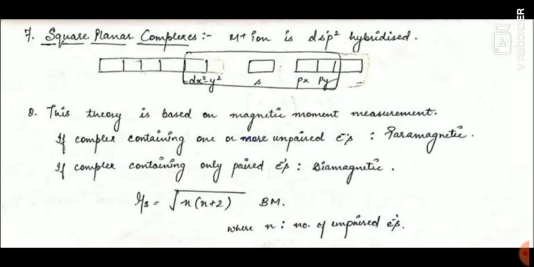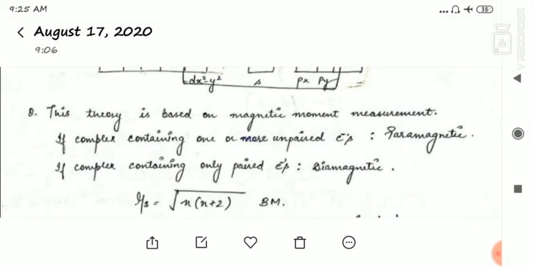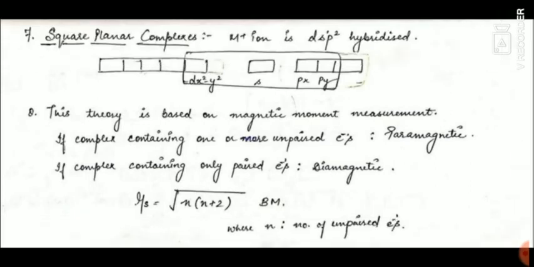According to dsp2 hybridization, we take the d orbitals: dxy, dyz, dzx, dx square minus y square, and dz square also. But during hybridization, we hybridize only with dx square minus y square, not dz square, because the lobes of dx square minus y square lie in the plane, but for dz square the lobes are on the axis.